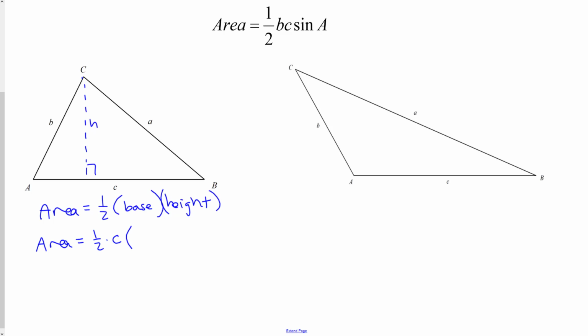For the height of the triangle, we'd have to say, for instance, sine of angle B would be the height of the triangle divided by side A. So A sine B is the height of the triangle. So we can replace that with A sine B. So the area is 1/2 of AC sine B, basically. So you take two sides and then the angle in between them.